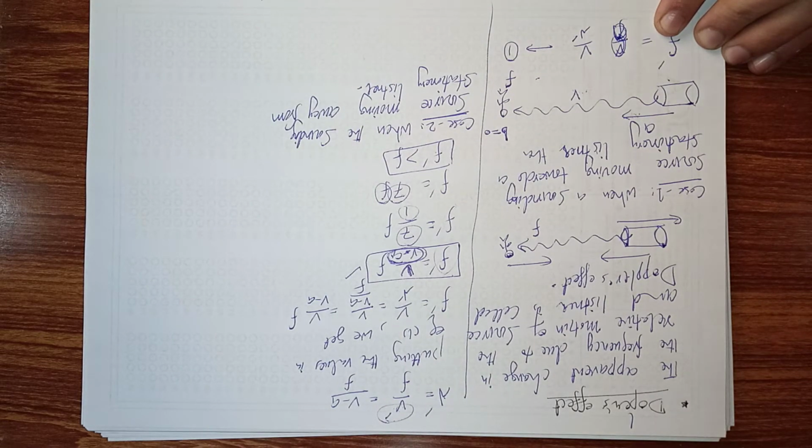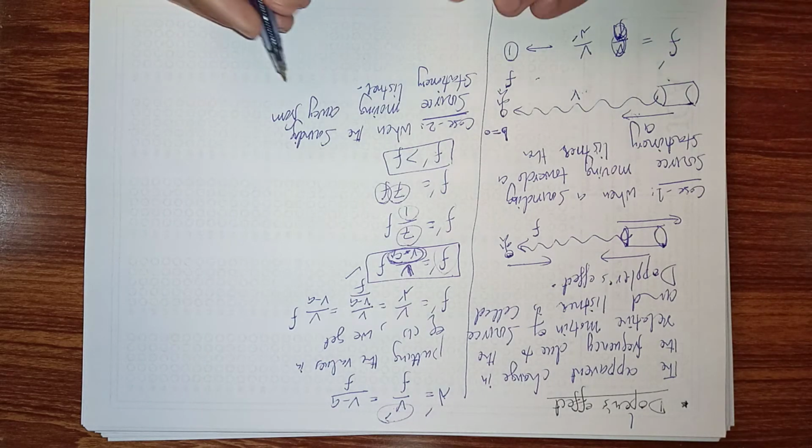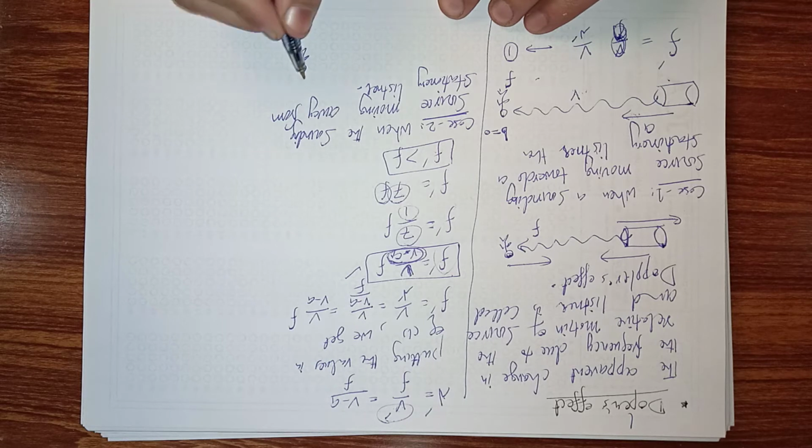Okay, now we are discussing that the sounding source is moving away from the stationary listener. Suppose we have a stationary listener, the speed of the listener is b and b is equal to 0. b equal to 0 means the listener is at rest.